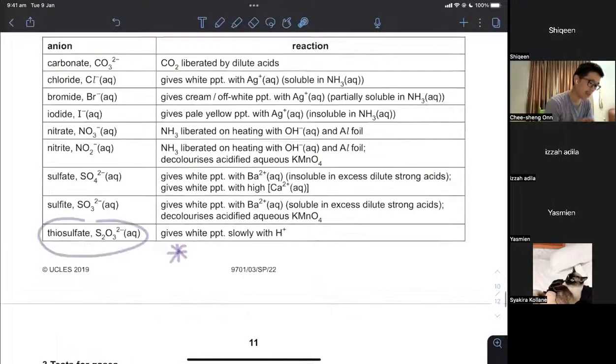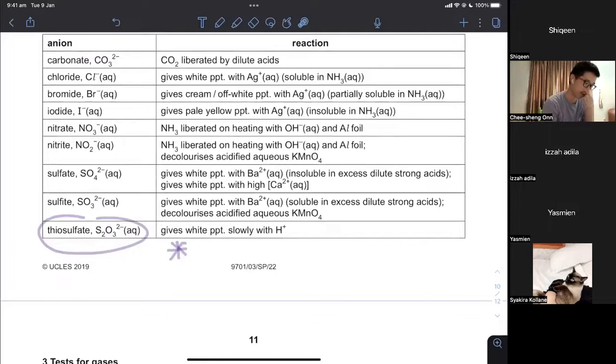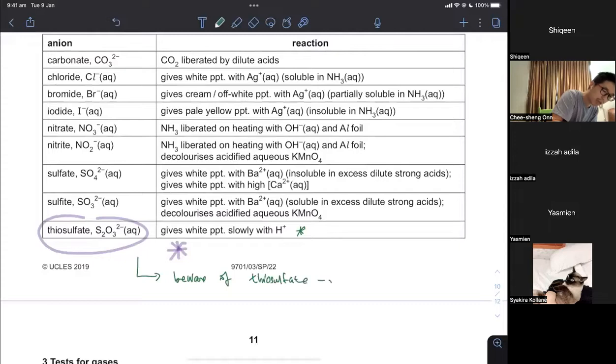I think the rest of them are pretty much the same. I've just noted that there are a couple of changes here. Even though this is the key reaction, be aware of thiosulfate and iodine. You know about this from redox titrations. So what they could ask you to do in a test tube reaction is add a little of this colorless reagent to iodine.